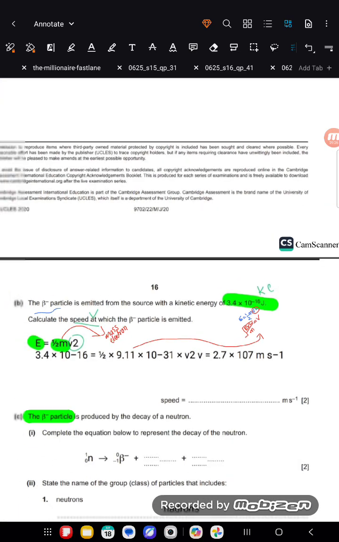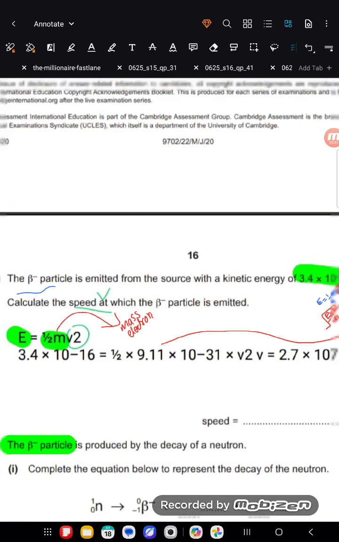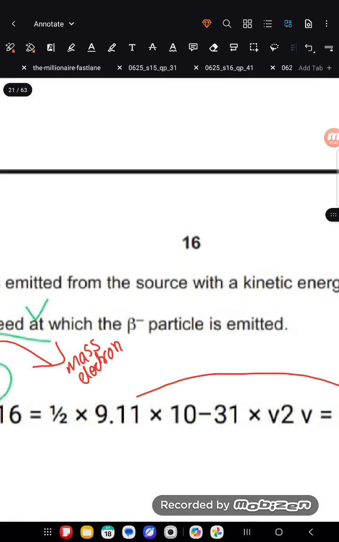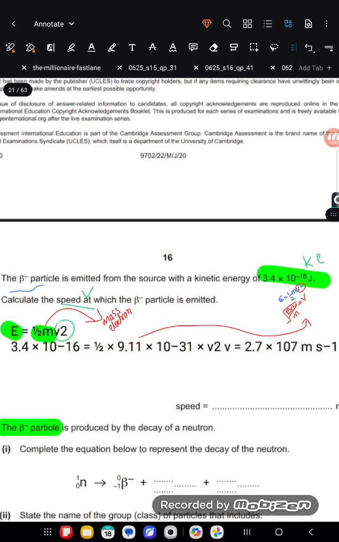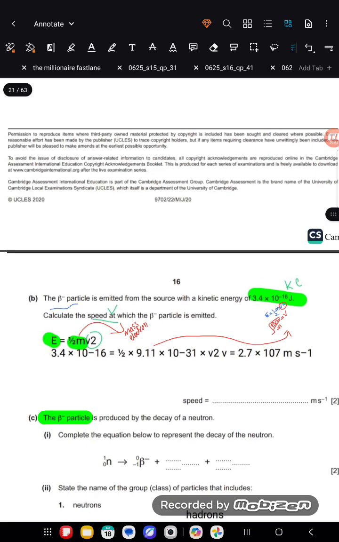Like before, you will calculate the speed. First arrange the formula and make V the subject. Energy is given, you don't have to calculate energy. So calculate the V, then just simply solve it.